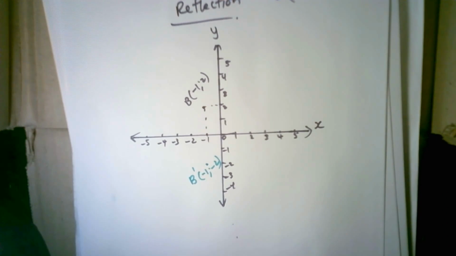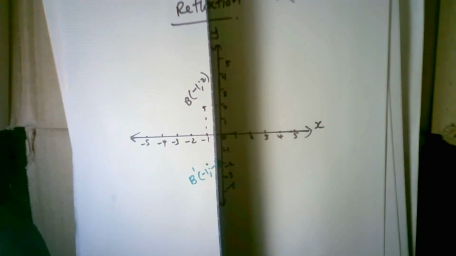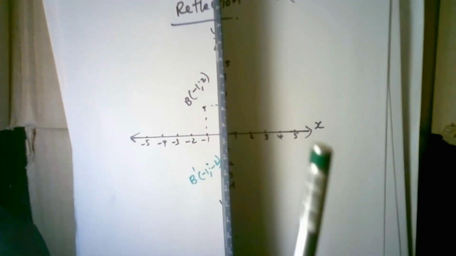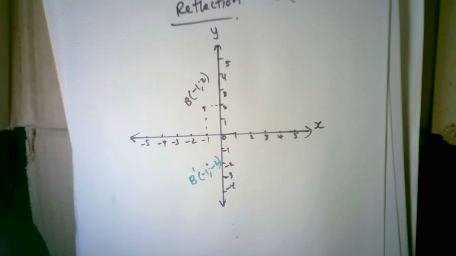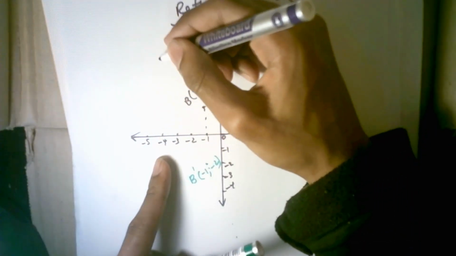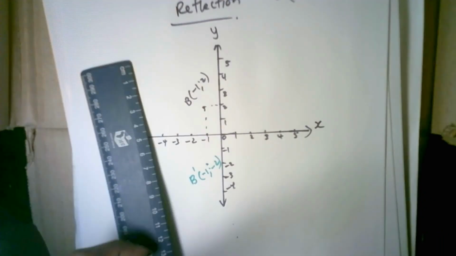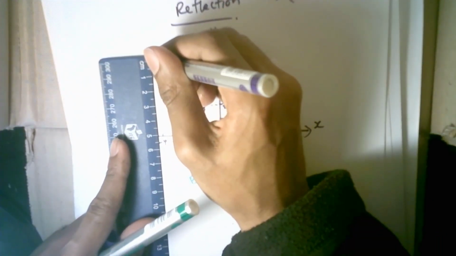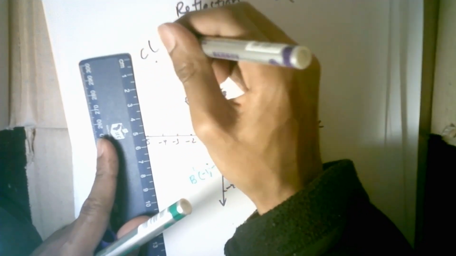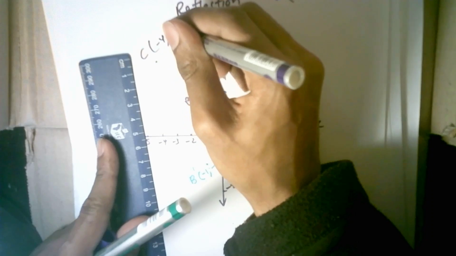And when we reflect about the y-axis, so for example, we place our mirror here, whatever you see on this side, you see on this side. Let's take a new coordinate, just so that we don't cluster and confuse everything. Let's say -4 and 5 this time. So let's say this is C, -4 and 5.